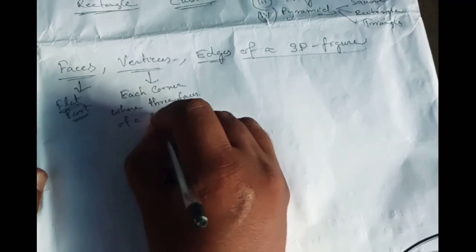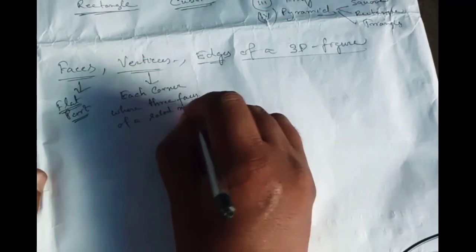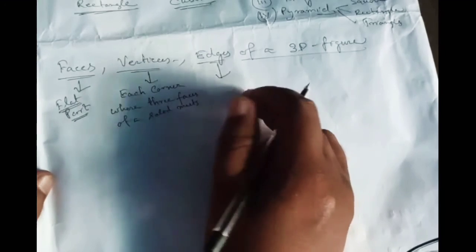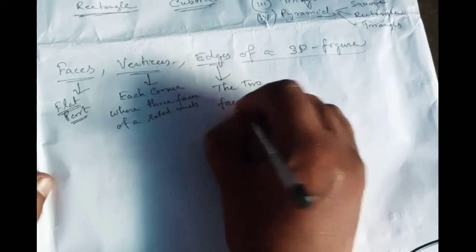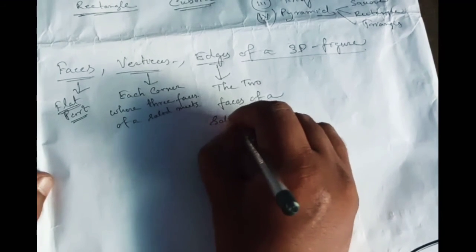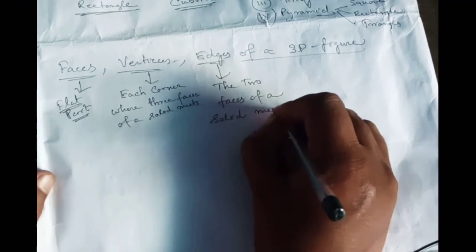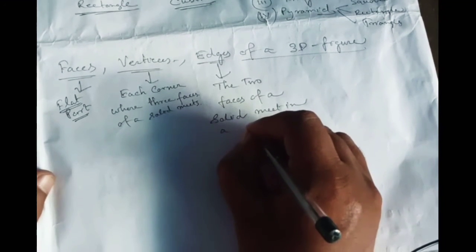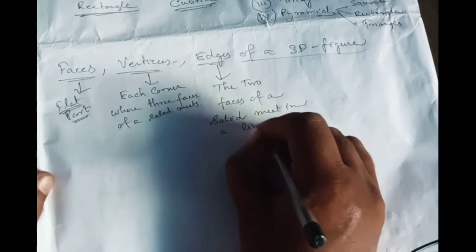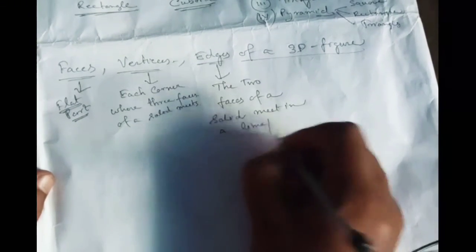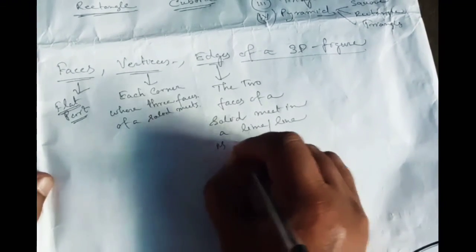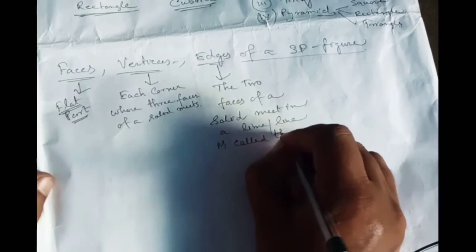Next, edge: where two faces of a solid meet in a line. Okay, that line is called the edge.